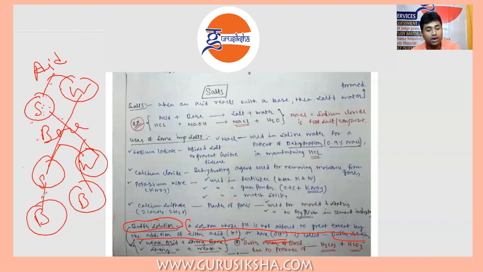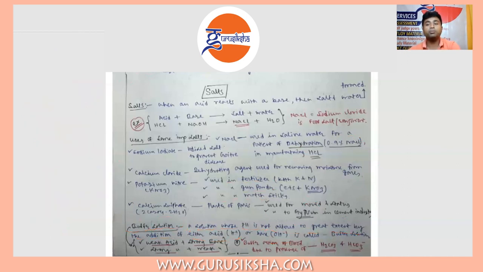So what are the weak acids? I already discussed this. You can get it from my previous video. Okay, so it's nothing but the opposite way. A weak acid with a strong base is called a buffer, as well as a strong acid with a weak base is also called a buffer.